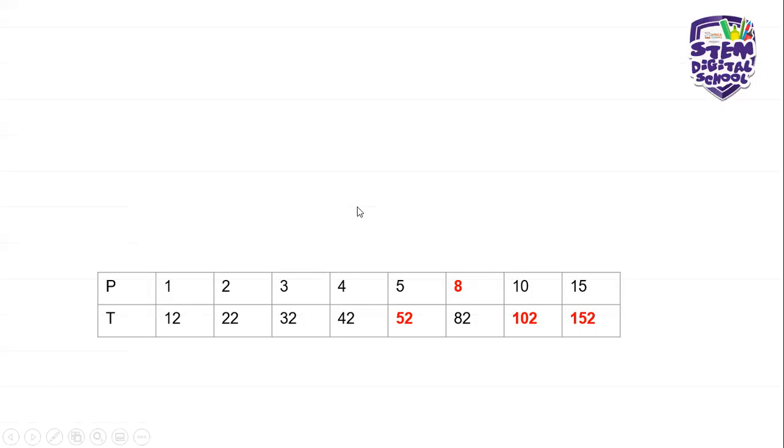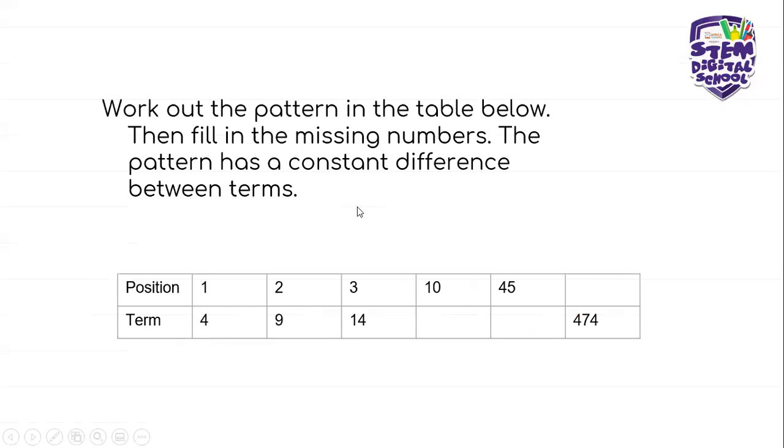Perhaps let's zoom directly into the next one here. I want us to work out the pattern in the table below, and thereafter fill in the missing numbers. Let's check that the pattern has also a constant difference between the terms. So we do have a constant difference.